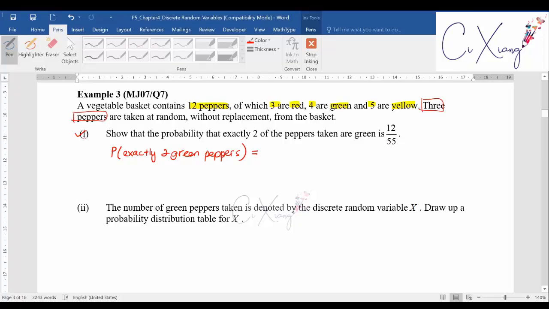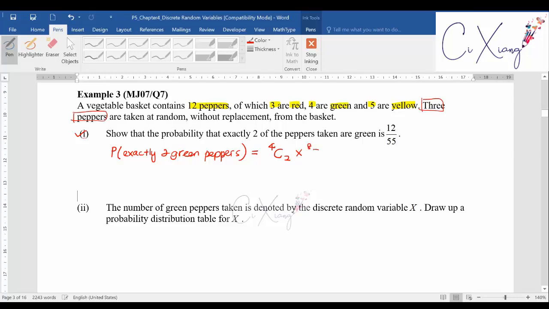To get 2 green peppers, that means we are choosing 2 from 4. So it's 4C2. You are having 4 green peppers in total, and you are going to choose 2. The rest of the colors are red and yellow. I don't mind what the color of them is, I just total them out, which is 8: 3 red and 5 yellow.